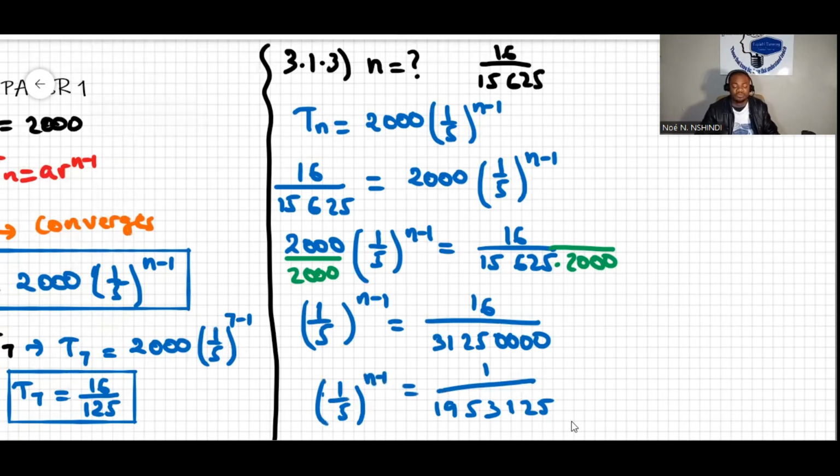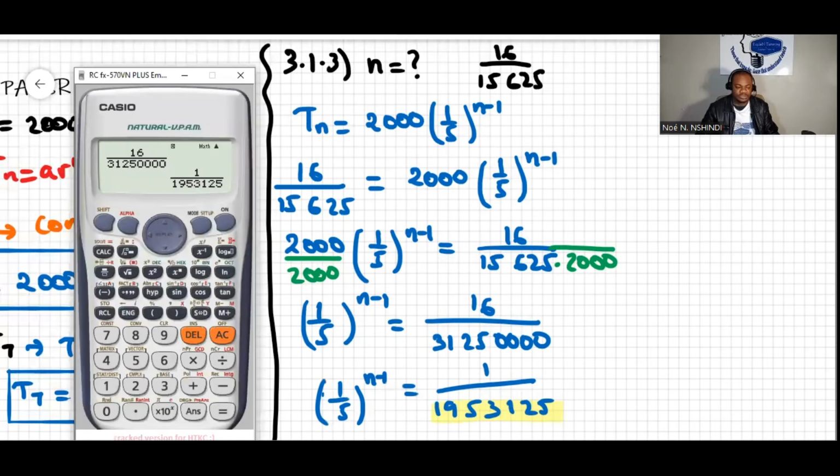In a situation like this, we must look at this number and try to write the number in the denominator in terms of its prime factors. How can you do that? I'll show you. In the calculator, write 1953.125 and press equal. Then press the shift button and look for the button fact. When you hit fact, it tells you what the number is in terms of its prime factors. 5 is a prime number, so it's 5 to the power of 9.